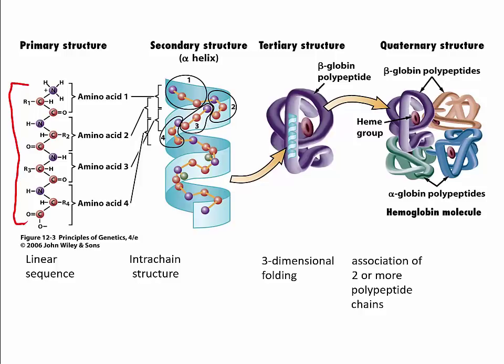But keep in mind that once these amino acids are added in a linear structure, they begin to fold. That folding is dictated by the types of amino acids and their classes. We'll get onto that in just a couple slides. That folding, both intrastructure and interstructure folding as we get into quaternary structure, is going to ultimately dictate function.